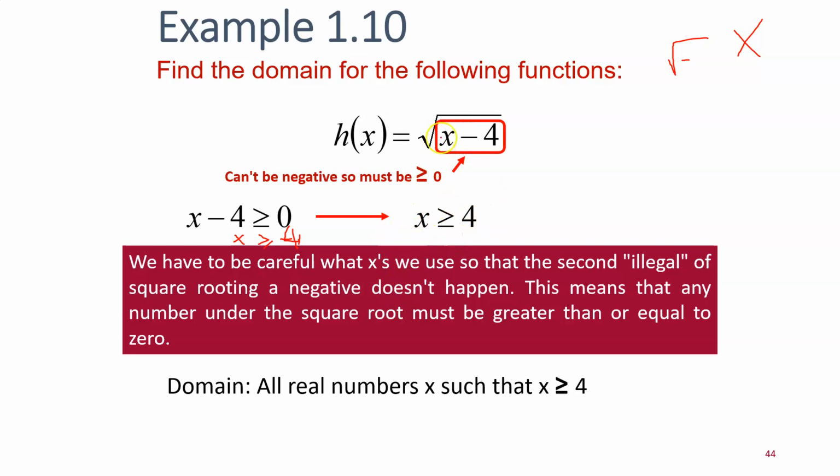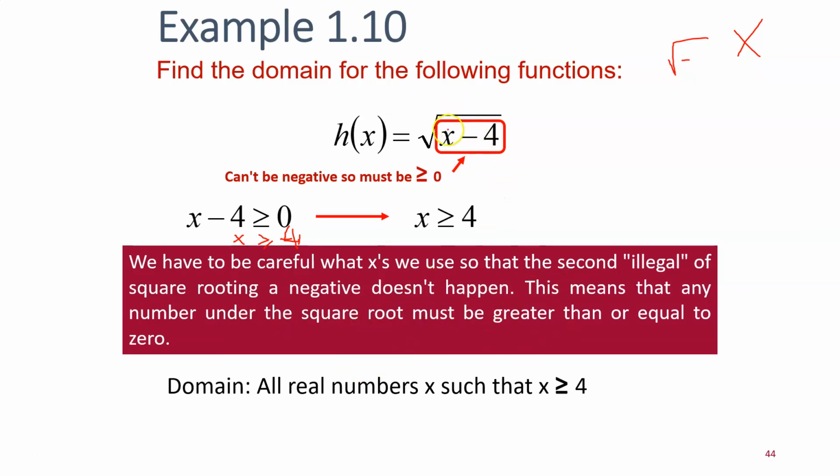So now you can choose any value for your x as long as x is greater than or equal to 4. We have to be careful what x we use so that the second illegal, square rooting a negative, doesn't happen. This means that any number under the square root must be greater than or equal to 0.